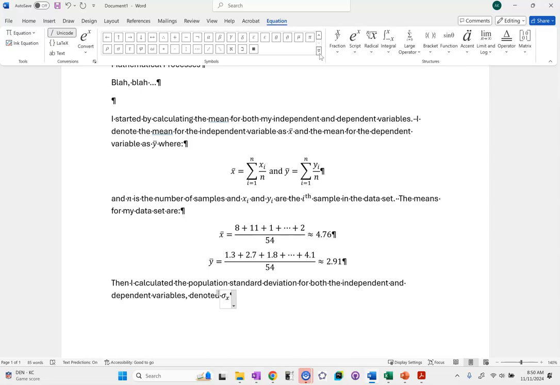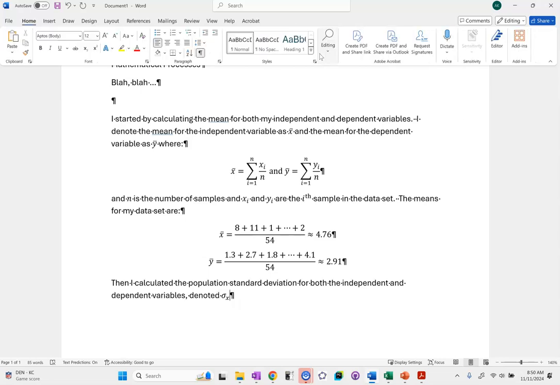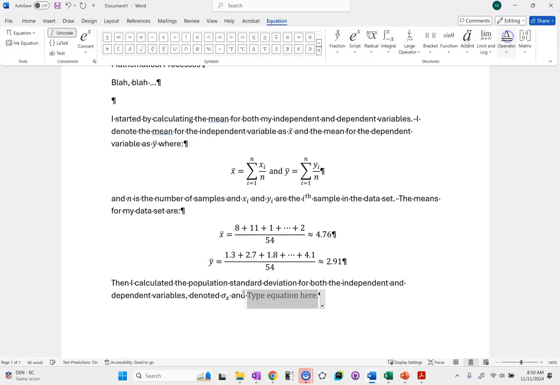I forgot to do the subscript, so I'm going to do a keyboard shortcut. Should have done that first. And then do my little drop down.